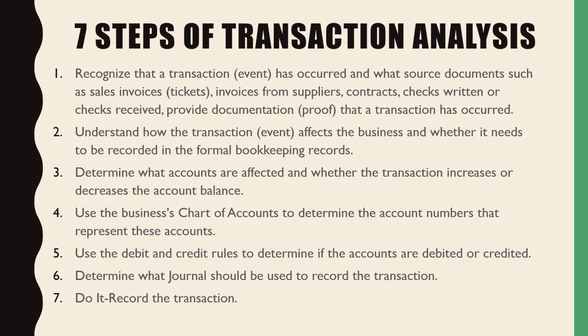Okay? And then number 6 is you're going to determine which book you're going to record this journal transaction in. When you're looking at a real business, they're going to have multiple books. One for sales, one for purchasing, one for payroll, okay? They're not going to have just one huge book.